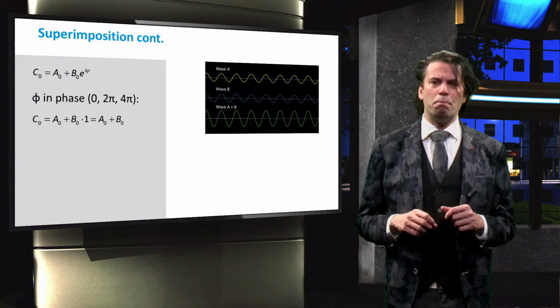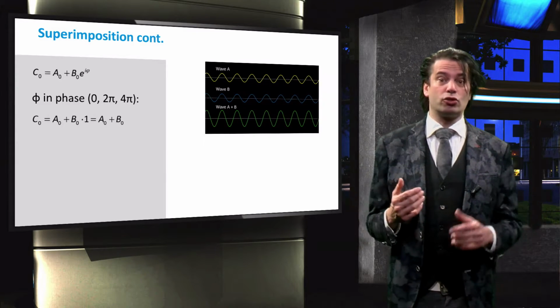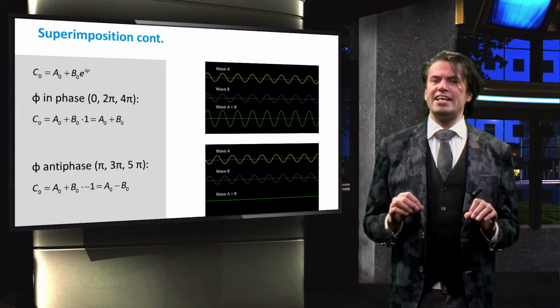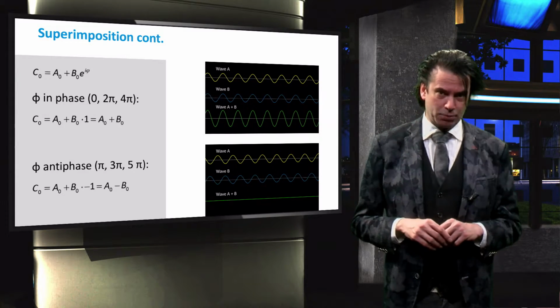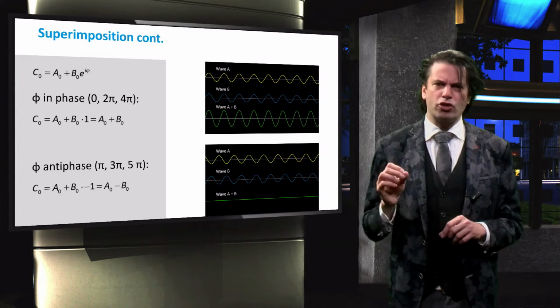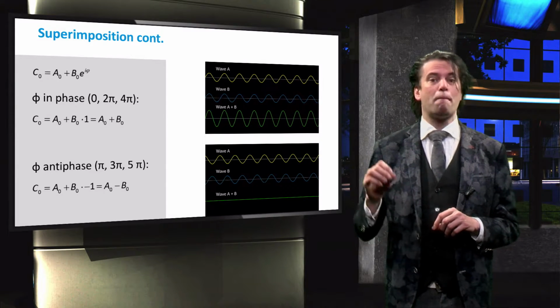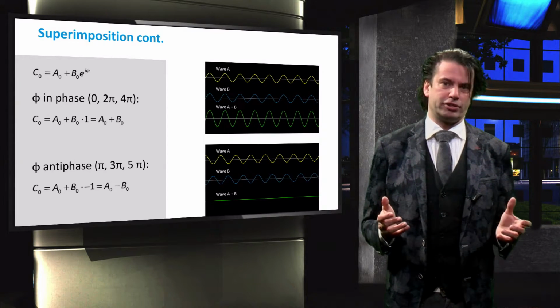When phi is a multiple of 2 pi, the amplification will be maximal and constructive interference will occur. If phi is in antiphase, however, the wave exhibits maximal attenuation. This occurs when phi is an uneven multiple of pi. The waves then exhibit complete destructive interference.